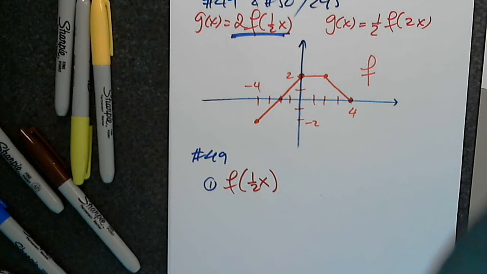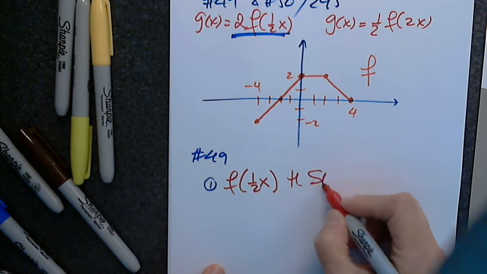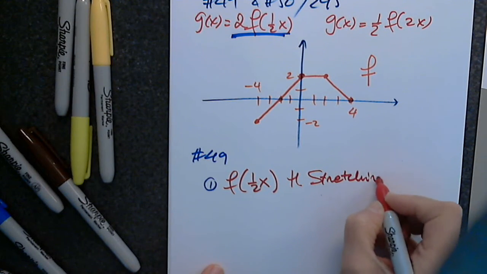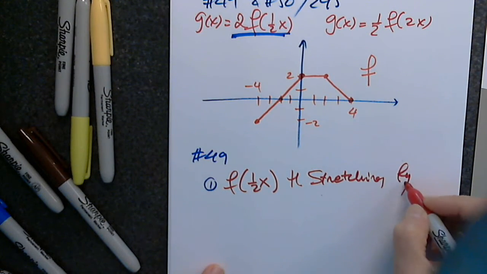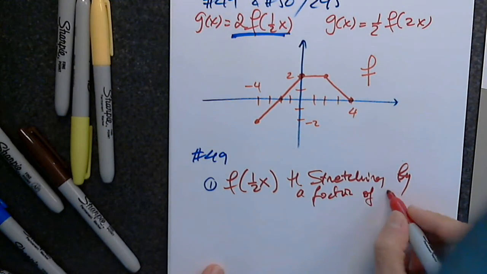What does that do? When I change x into 1/2 x, it's horizontal, obviously. Is it this? Or is it this? Yes. So this is a horizontal stretching by a factor of 2.